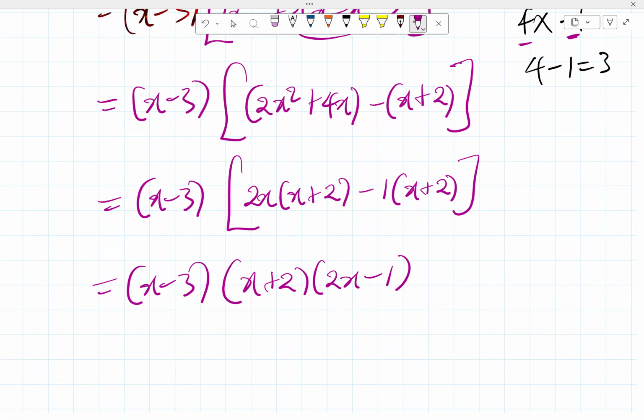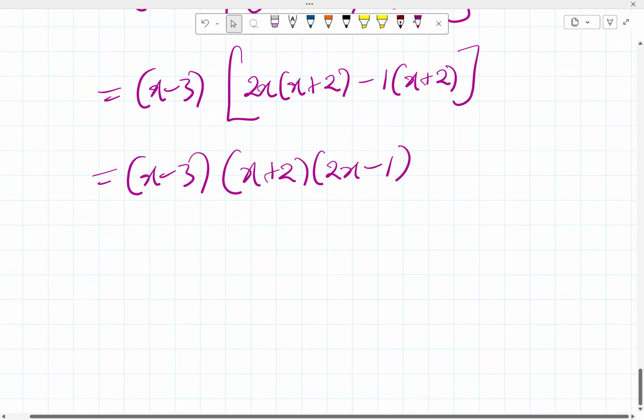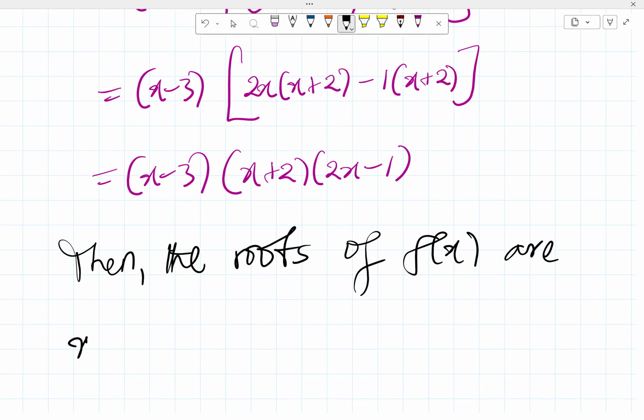So f of x has been factorized completely now. These are the factors. Then the roots of f of x, we just equate each one to 0.